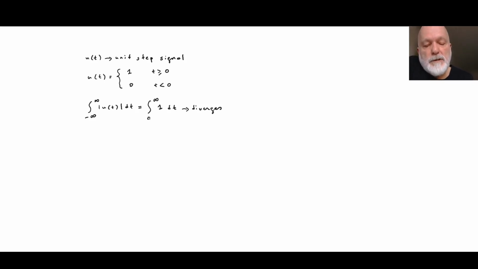By divergence we mean the following. We first evaluate the integral from 0 to, say, a certain finite value. Of course, that integral exists. But if that value tends to infinity, we have divergence. So, u(t) is not absolutely integrable.